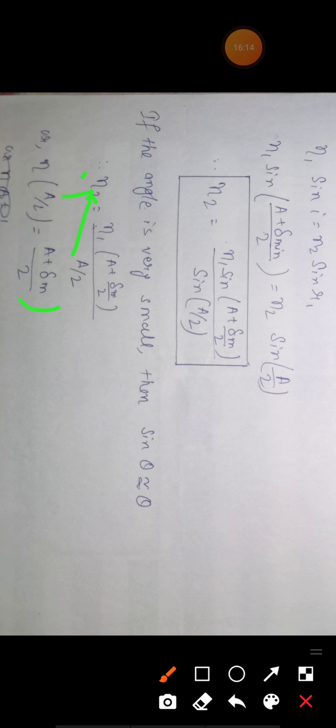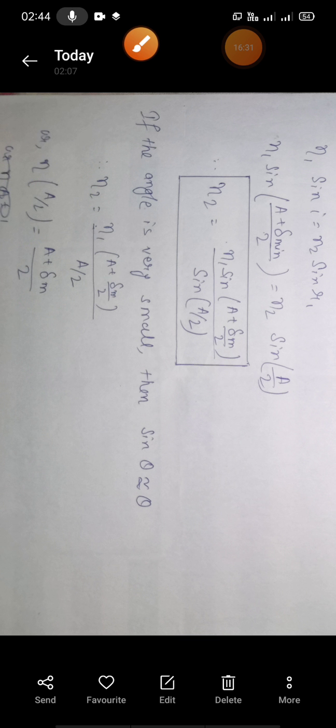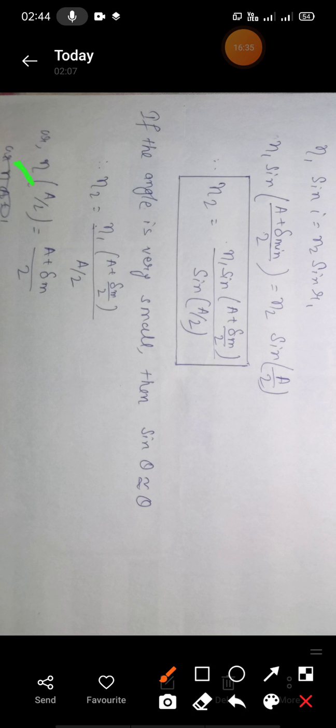Now n2 is actually our glass medium and n1 is the air medium. The refractive index of the air medium is 1. So in place of n1 you can write 1, and in place of n2 we just write n. I have written it in the form of eta, but this is actually n.